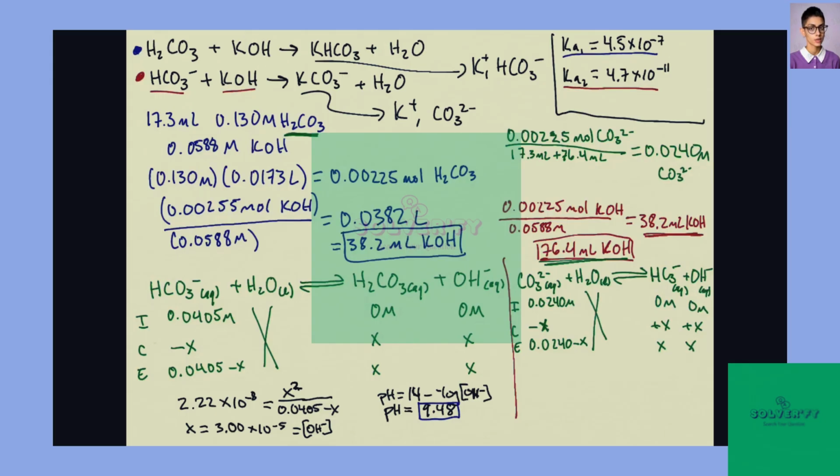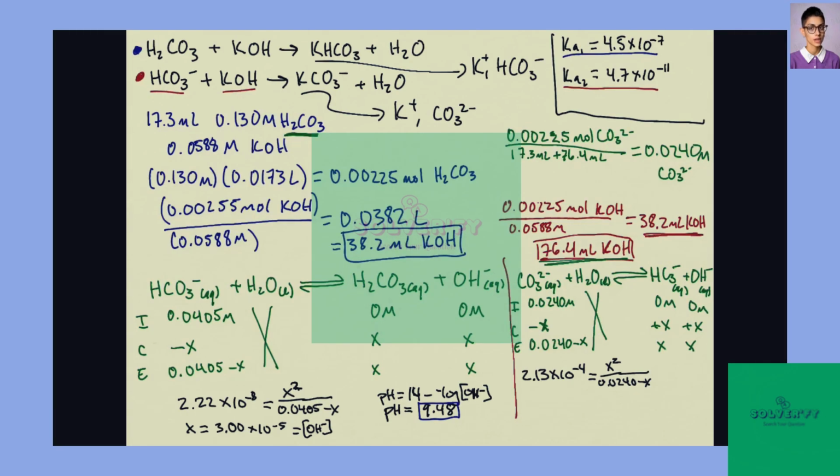From our value of Ka2 for H2CO3, we can calculate Kb for CO3 2- to be 2.13 times 10 to the negative 4th. And we know this is equal to x squared from our products divided by 0.024 minus x from our reactants.